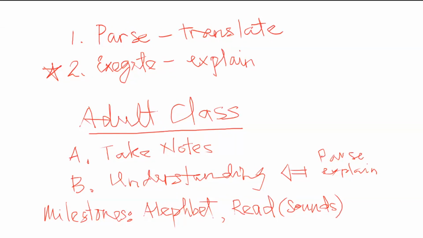Now, that is what I mean by being able to make the sounds, which is very similar and fairly accurate, but you may not have any idea what you're reading. That is what I mean by reading. You're able to read the text, but you may not be able to understand what you read. Now, that's sounds.